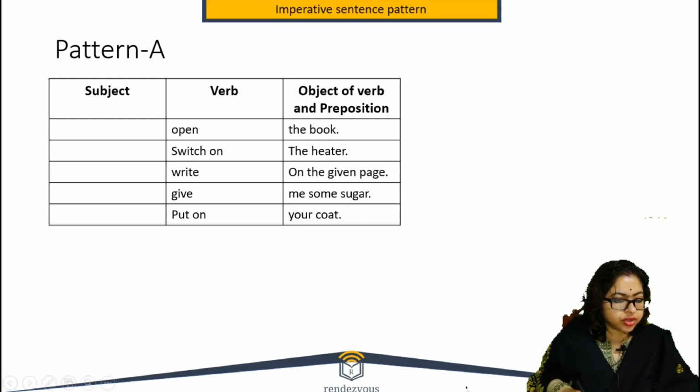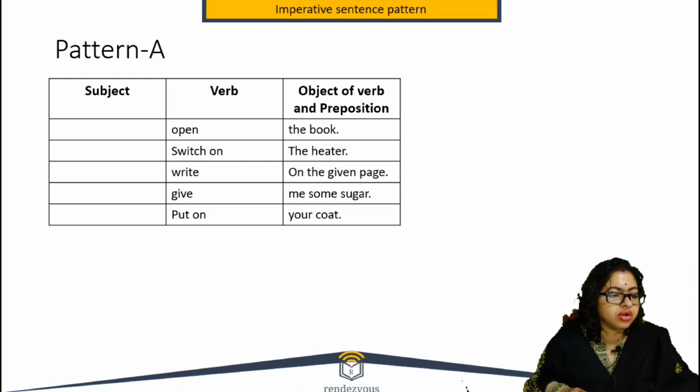For example number 1, open the book. Here the subject must be you, because in imperative sentences what we do is we issue an order or we express a request.